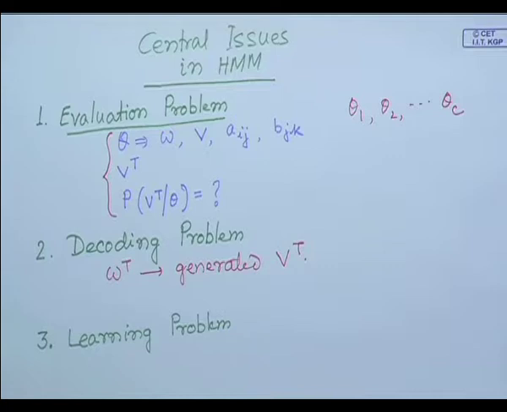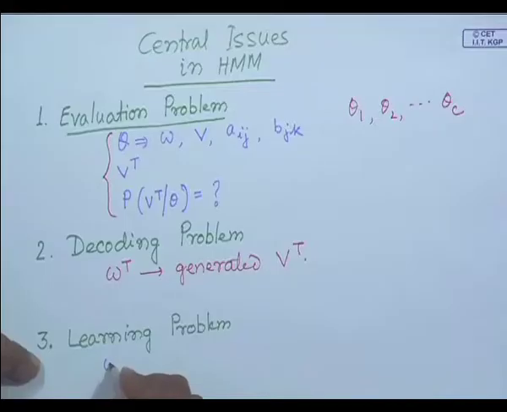That is the decoding problem. The learning problem is, given a coarse or rough structure of the hidden Markov model, that is, how many hidden states and how many visible states it has, but without knowing the transition probabilities, which are unknown.